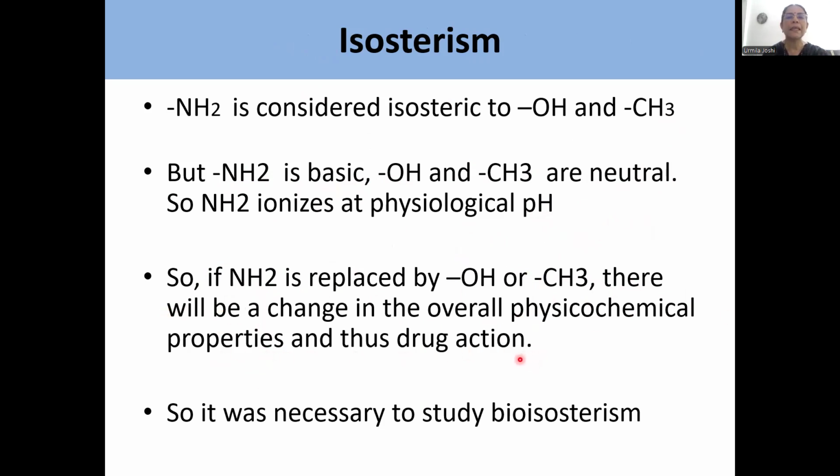I hope everybody is able to appreciate this, because NH2 getting converted to a cation can have ionic bonding with the receptor and produce its action, whereas OH or CH3 cannot form ionic bond. So instead of only using chemical isosterism for the molecular modification, it was necessary to study bioisosterism.